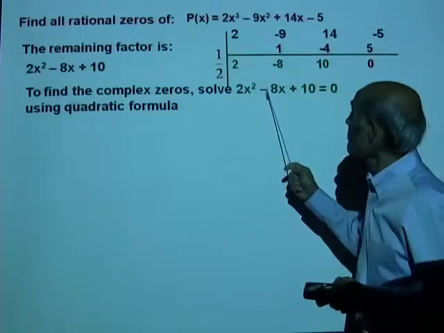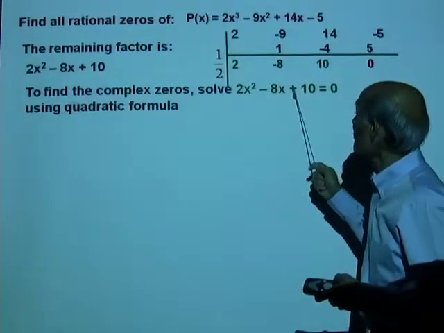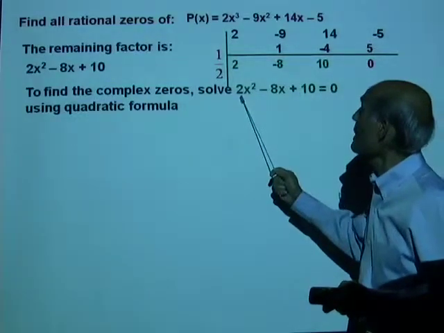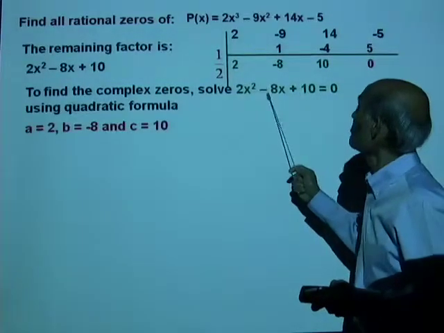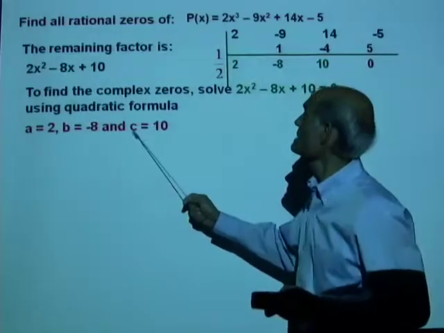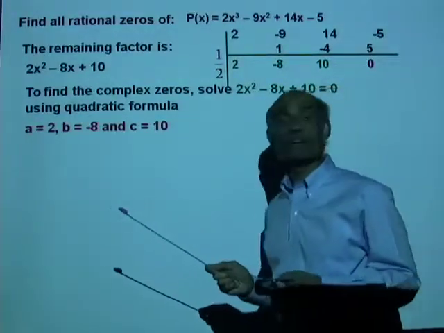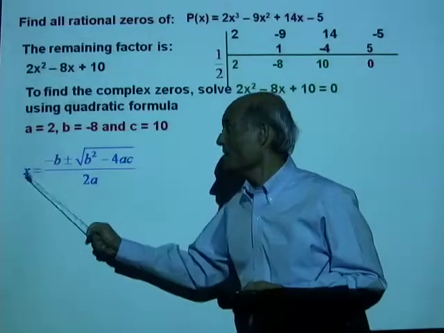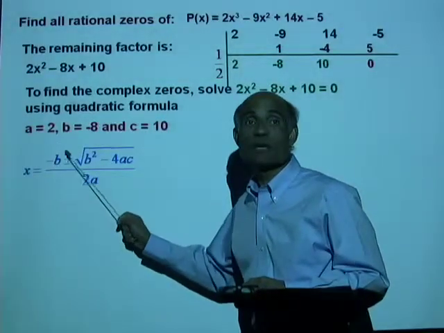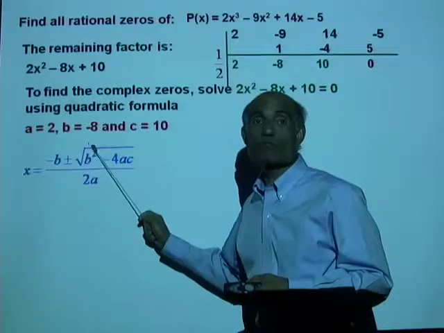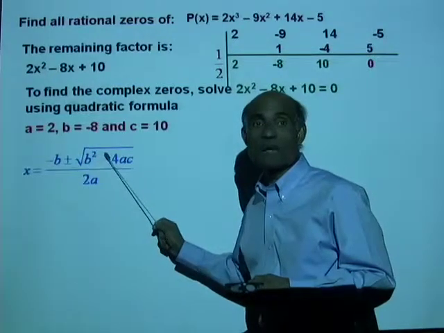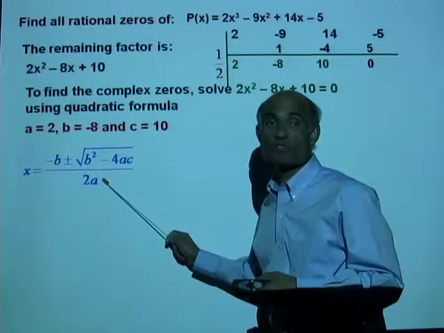For ax squared plus bx plus c equal to 0, our a equal to 2, b equal to -8, and c equal to 10. And what is the quadratic formula we have? x equal to -b plus or minus square root of b squared minus 4ac, over 2a.